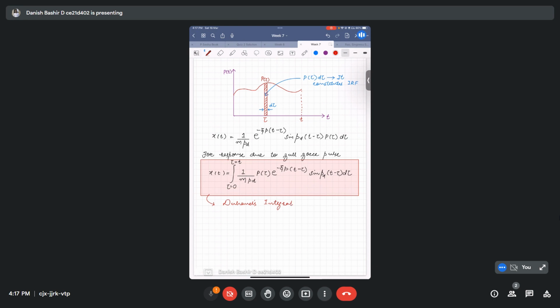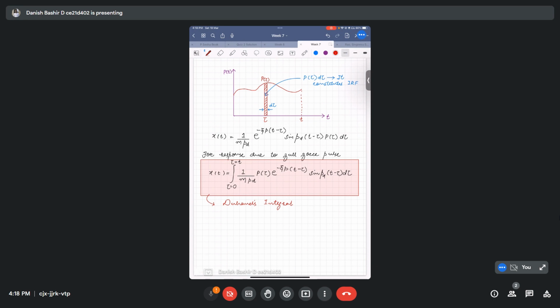So this Duhamel integral can be used to find the response of a single degree of freedom system under force excitation because of a force pulse. What we did is we divided this force pulse into small infinitesimal pulses, and for those very small pulses, we wrote the impulse response function and integrated that impulse response function from tau equal to 0 up to the time duration up to which the force pulse exists.